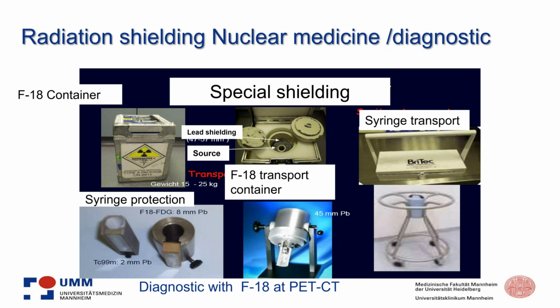Also, what's very special in nuclear medicine is you have to prepare the isotope in a syringe, because you have to inject this isotope into the patients, and as we have seen, you have more than 500 keV for fluor 18, the isotope for PET-CT examination.